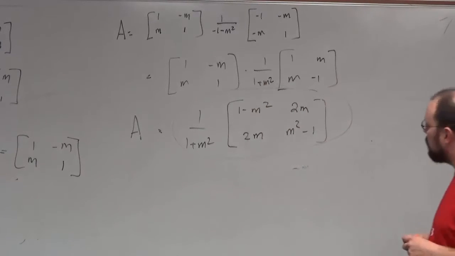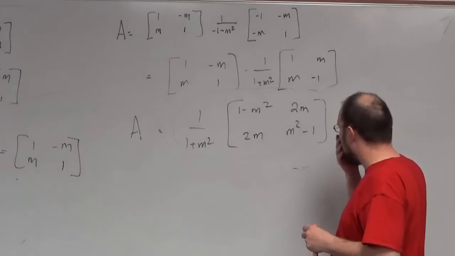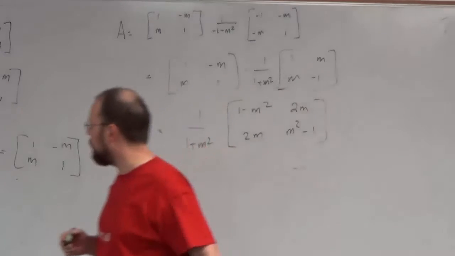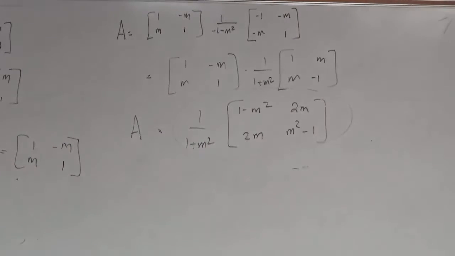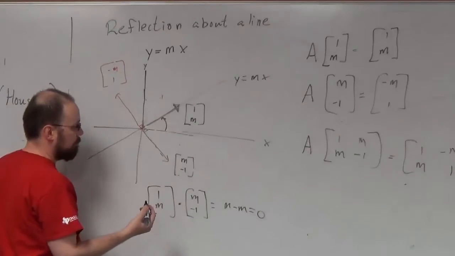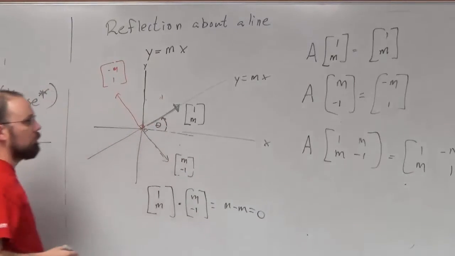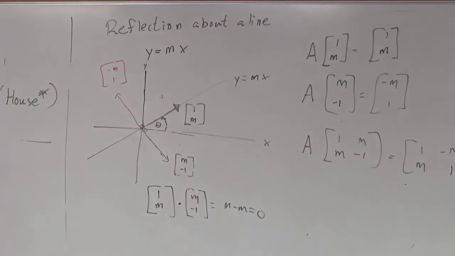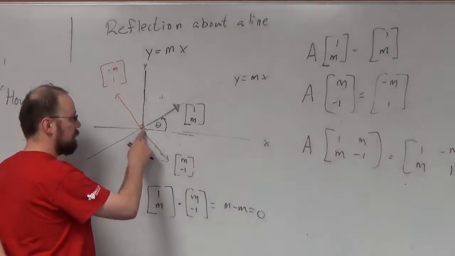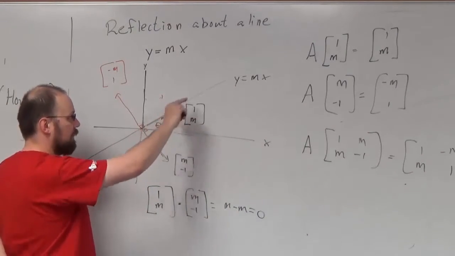Now your book uses a different convention. They use angle theta, right? So they define the line through the origin by the angle that that line makes with the positive x-axis. So how would you define the angle using our line?